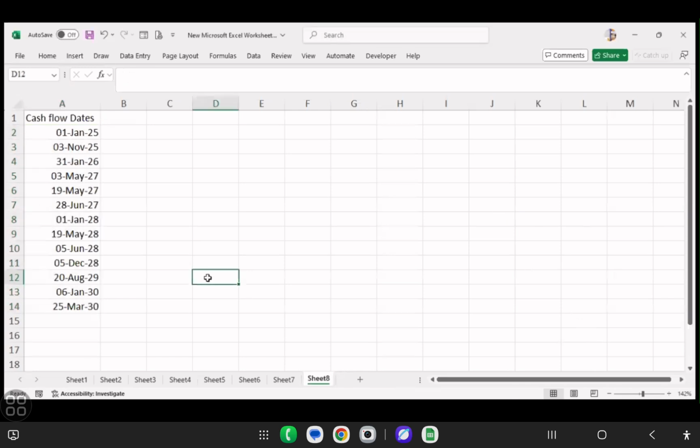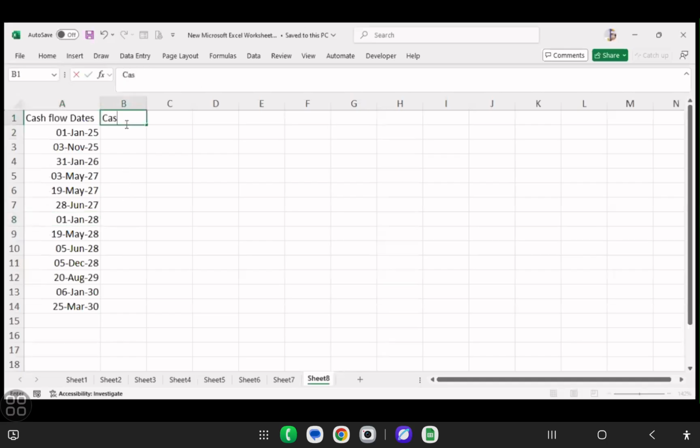Let me give it that format. That format looks good. January 2025, that is when we invest. The first cash flow happened in November. The next one, January 2026, May 2027, June 2027, January 2028. There is no pattern the way we assume. That is the reality in life.